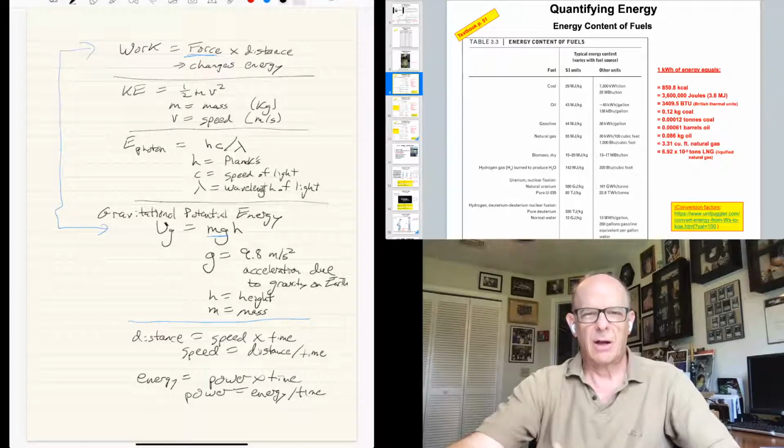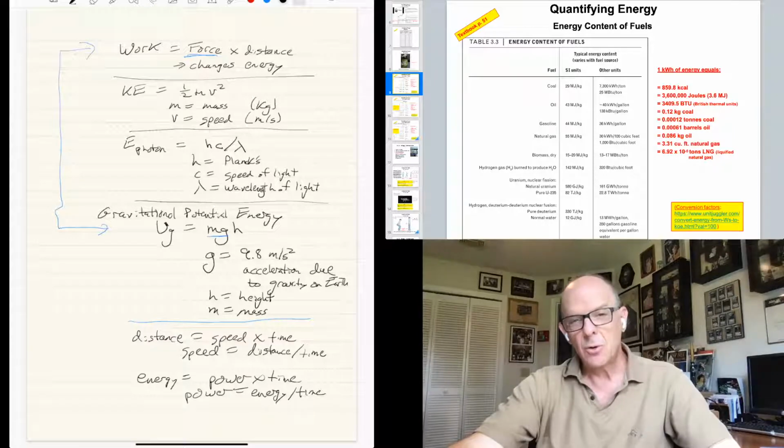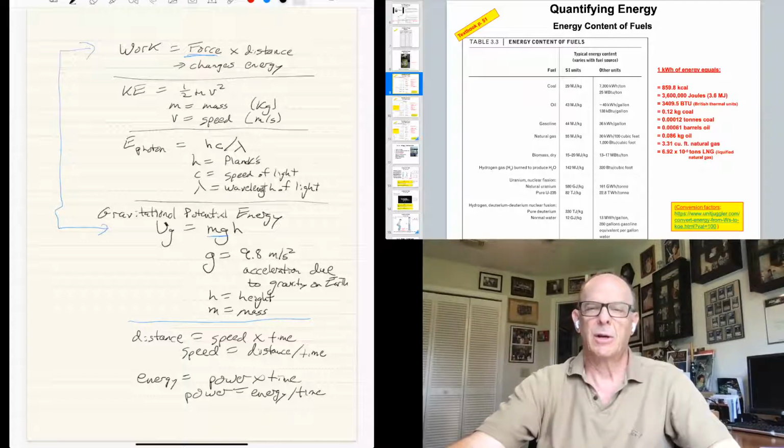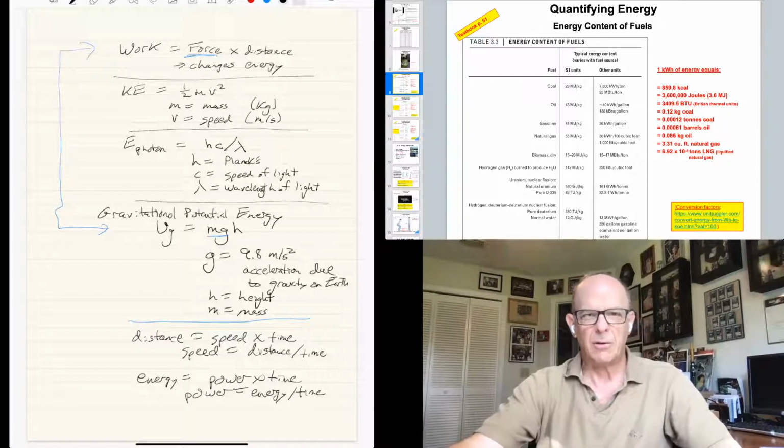And then the next column provides that in other units of energy, kilowatt hours, which is another unit of energy, per ton, which is another unit of mass. BTU is a unit that we haven't talked about, but it may crop up in some of the homework assignments, is British thermal unit. That's just another unit of energy. So you can always look up the conversions between these and go through the videos on how to do unit conversions to get from joules to BTUs or BTUs to kilowatt hours, etc.